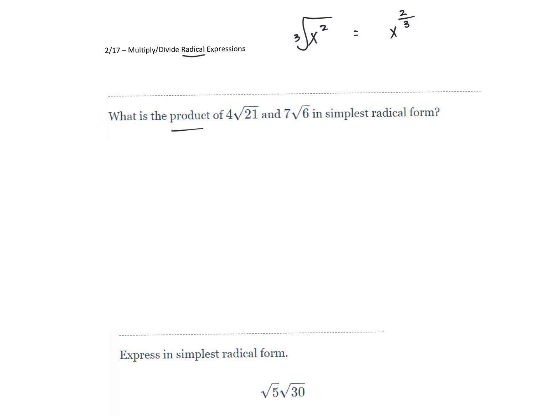What is the product of this radical expression here and this radical expression there in simplest radical form? All right, so product means multiply. So don't let that confuse you. So here, let's multiply.